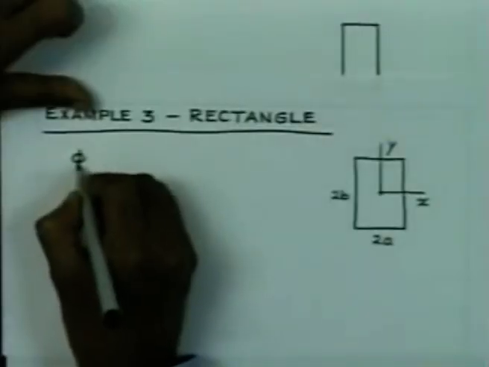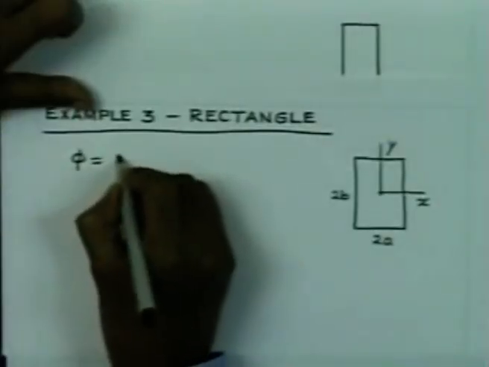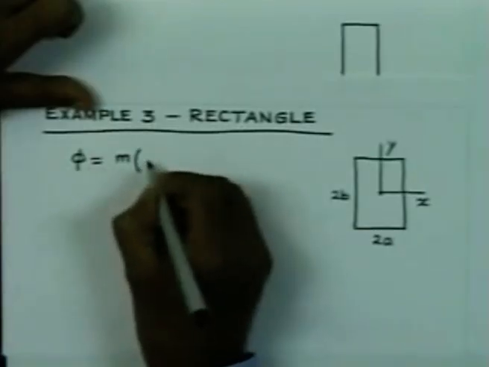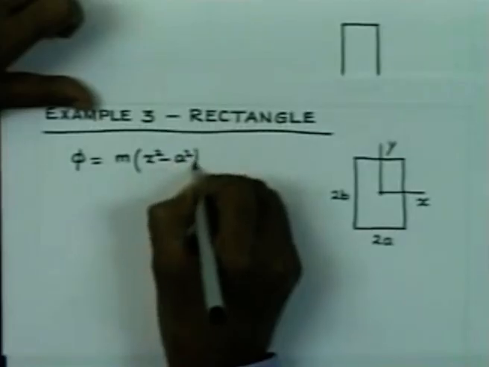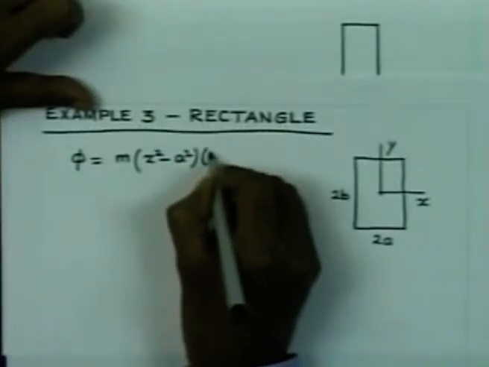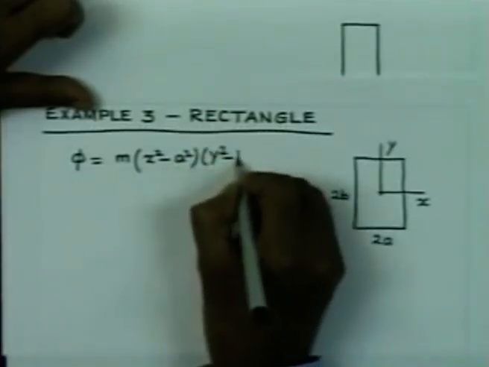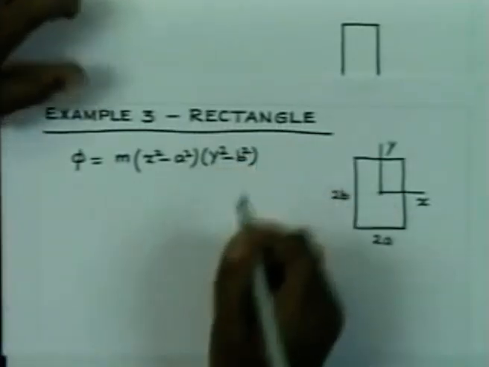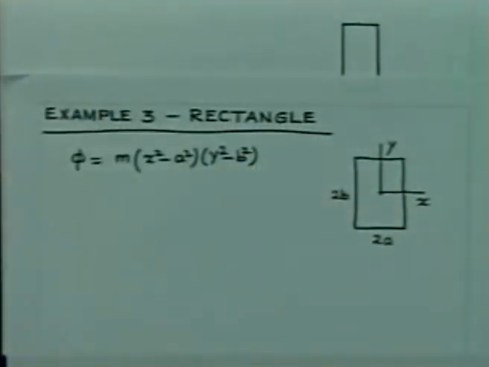So, therefore, in this case, without any difficulty, we can make an approximation about the phi function in this form: m into x square minus a square y square minus b square. So, this is the phi function.